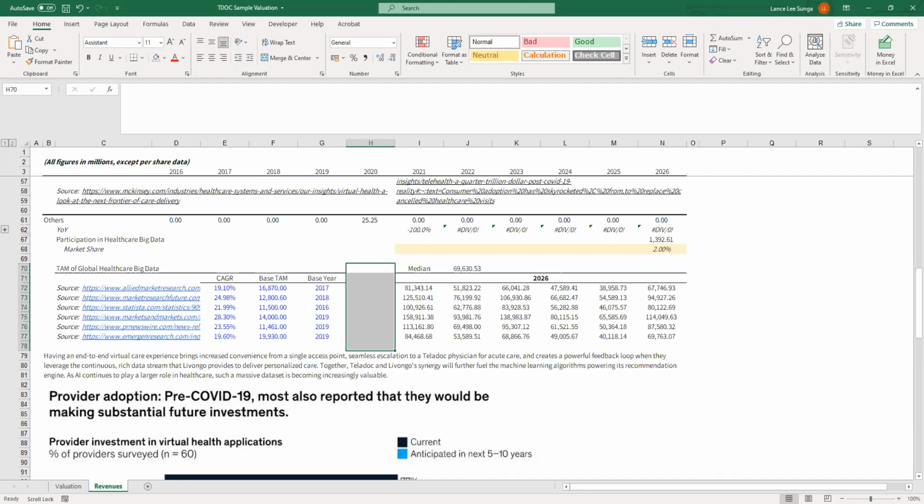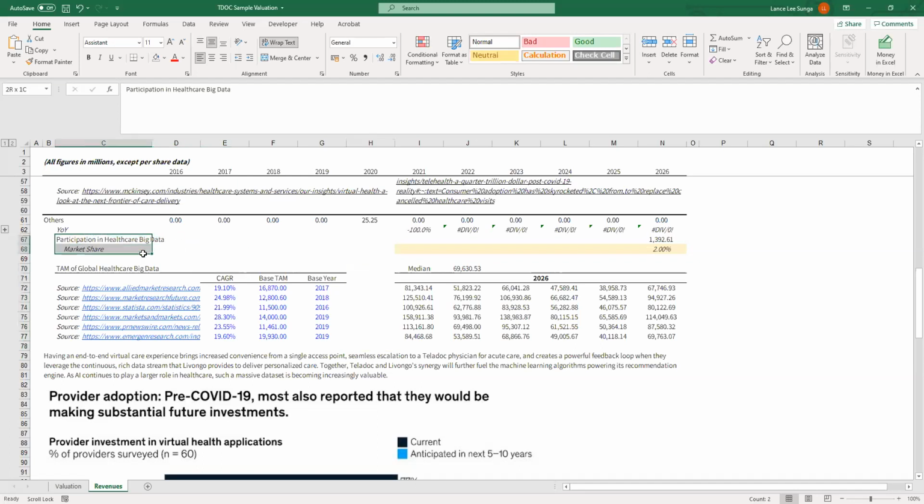This is what we call an earnings conference call. And in one of Teladoc's conference calls, they discussed healthcare data, right? And distributing that data to key suppliers, such as your advertisers, your pharmaceuticals, right?